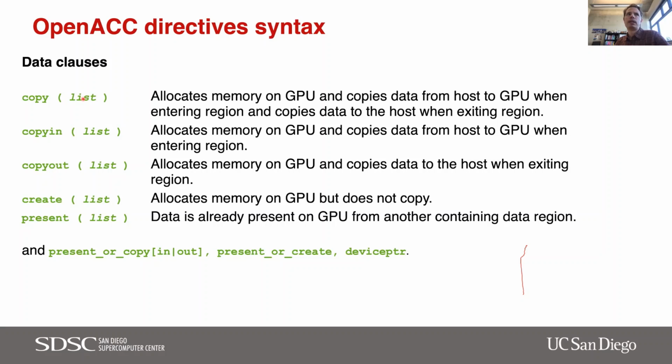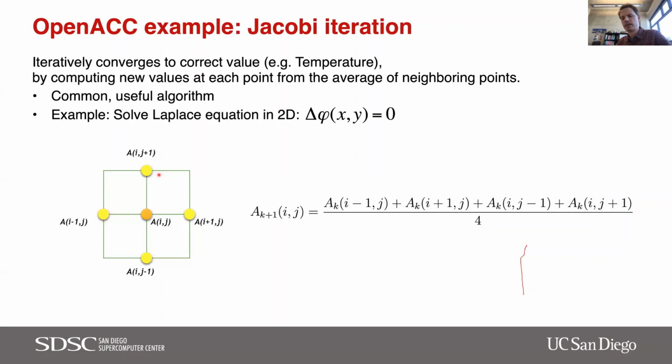Copy means you allocate memory on the GPU and copy the data from the host to the GPU when entering that data region, and also copy the data back to the host, the CPU, when exiting the region. That's exactly what we needed to do in the SAXPY example. We upload the data, X and Y, and when we're done, we download just Y. So for X, you could say copyin, just copy the data to the GPU memory. Sometimes you have to help the compiler with these data clauses.